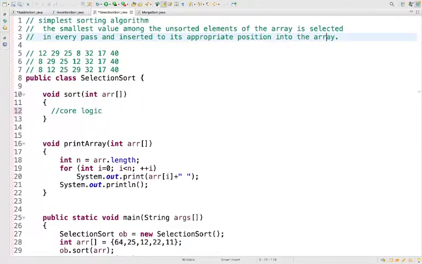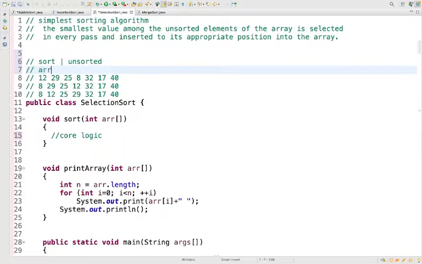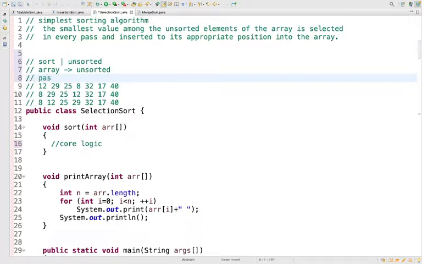If we have to say, let's take a basket: there will be a sorted basket and an unsorted basket. Initially the array will be unsorted. At every pass, there's something called a pass or iteration.